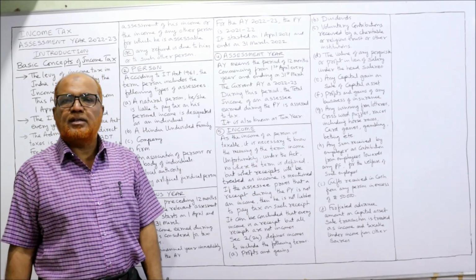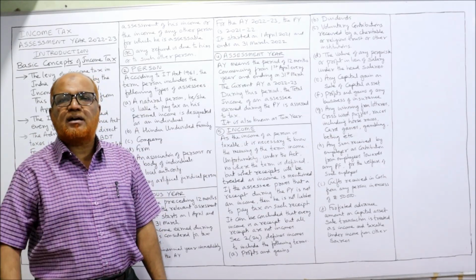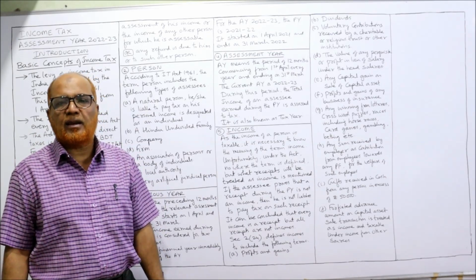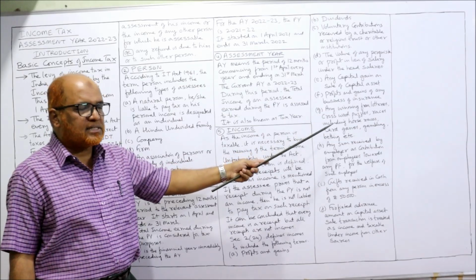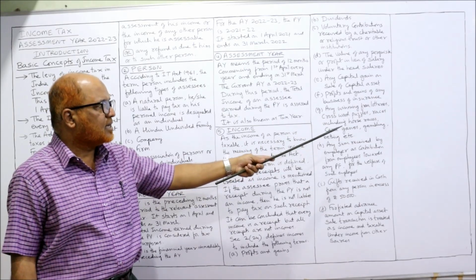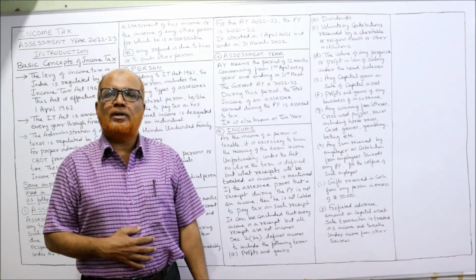Any winning from lotteries, these are called casual incomes. Unexpected incomes, non-recurring incomes. Casual incomes are winnings from lottery, crossword puzzles, races, card games, gambling, betting, etc. These are the examples of casual income.